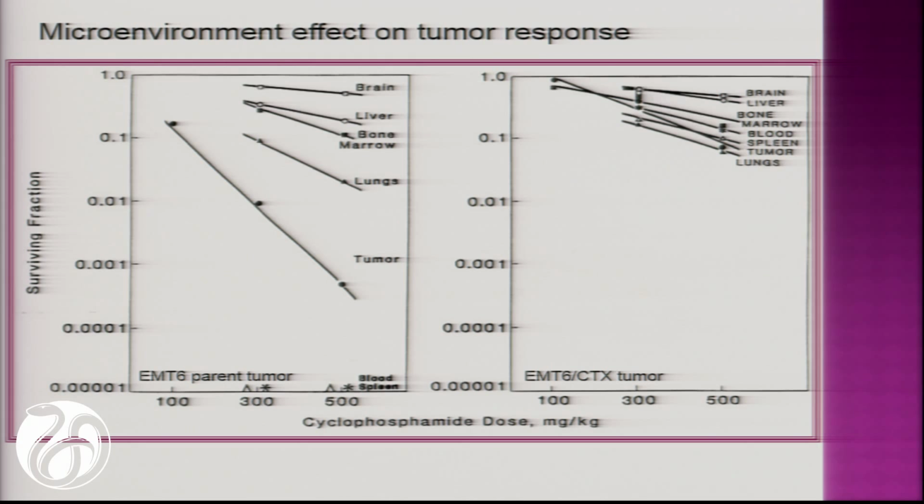And as in the human patient, tumor in the brain and tumor in the liver was most resistant or least responsive to the drug. The subcutaneous tumor was quite responsive, probably more responsive than a natural tumor would be. And tumor in the circulating blood and the spleen was absolutely wiped out by this therapy.